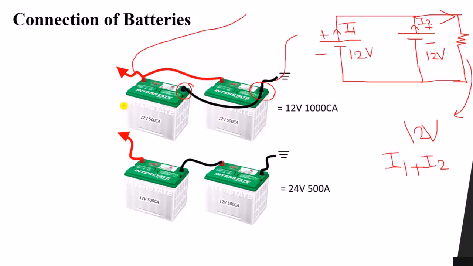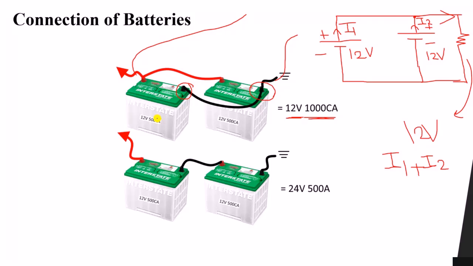So a 12 volt 500 cranking ampere battery and another 12 volt 500 cranking ampere battery connected in parallel give us a final output voltage of 12 volt, the same voltage, but the summation of the two currents, 1000 cranking ampere. So when we connect the batteries in parallel, we increase the total current.